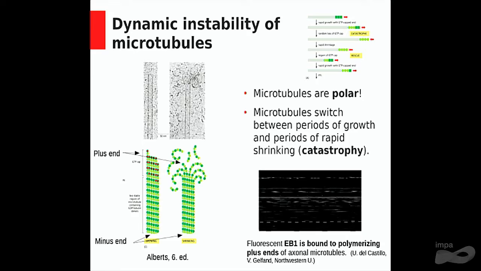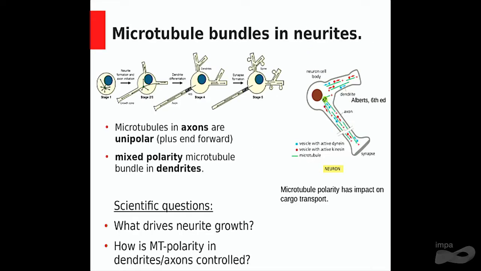Okay, so what we should see here is an axon, and growing plus ends are fluorescent. These are schematic representations of such a neuron cell. The long extension is the axon.